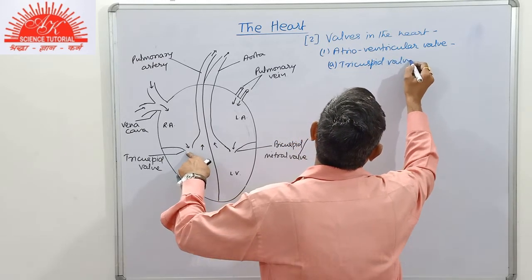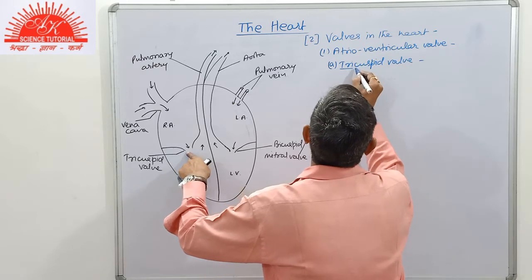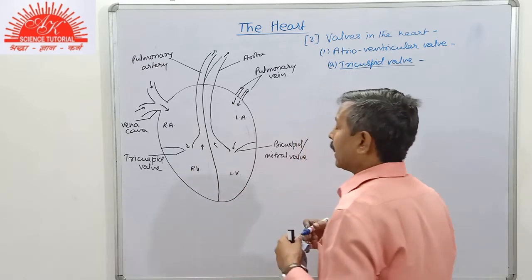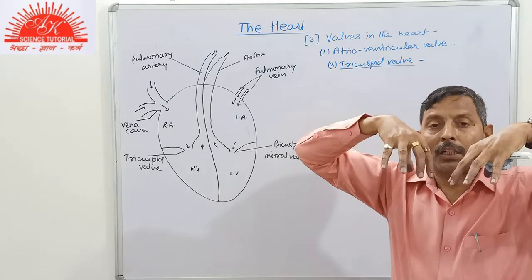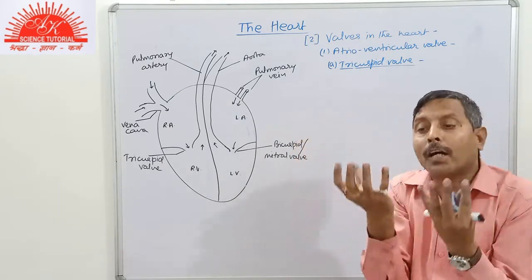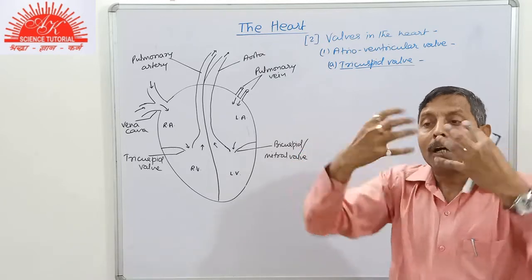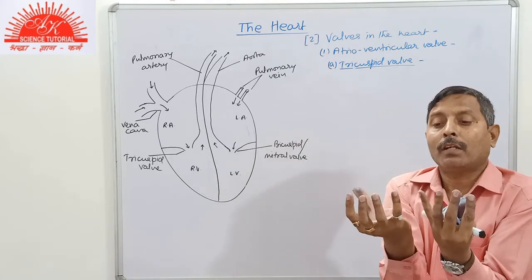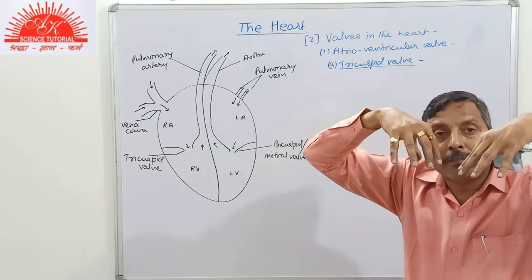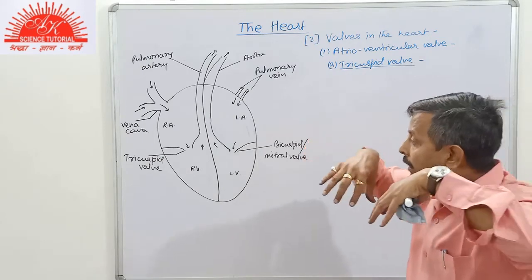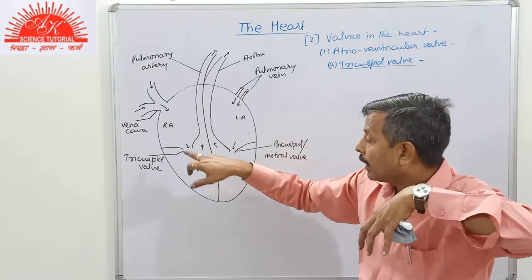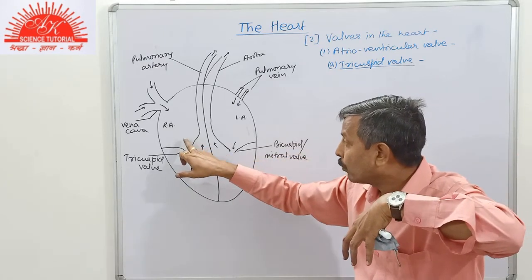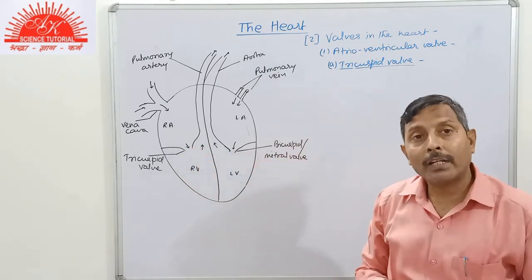Tricuspid valve. As the name suggests, tri means three. That is, here there are three cusp-like structures. Now there is a difference between cup and cusp. Cup is in this form, and cusps are in inverted form. So there are three cusp-like structures which are at the opening between the right auricle and the right ventricle.